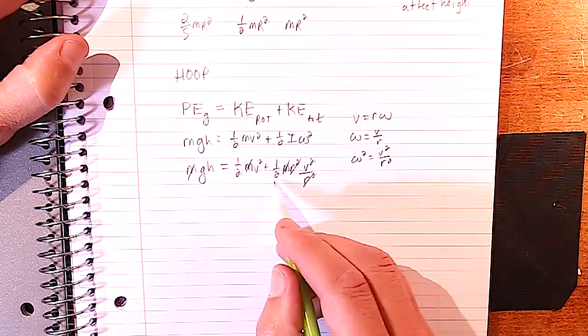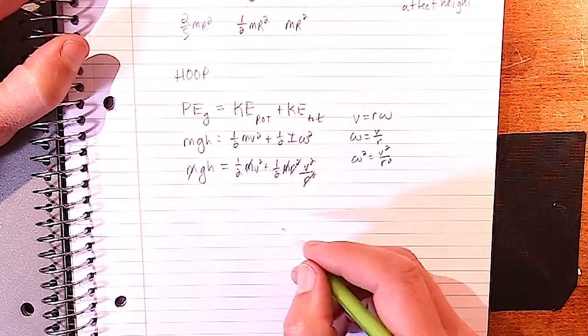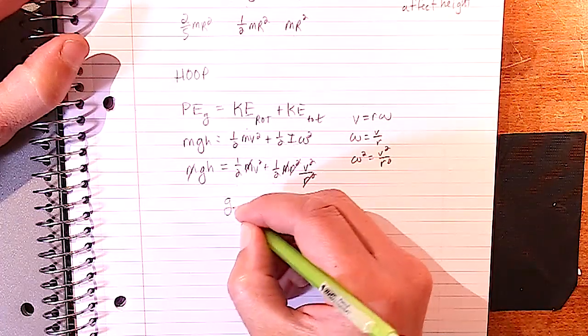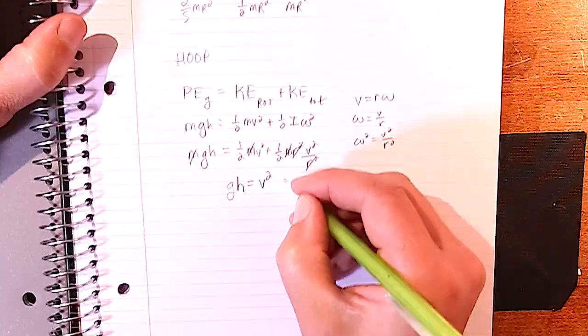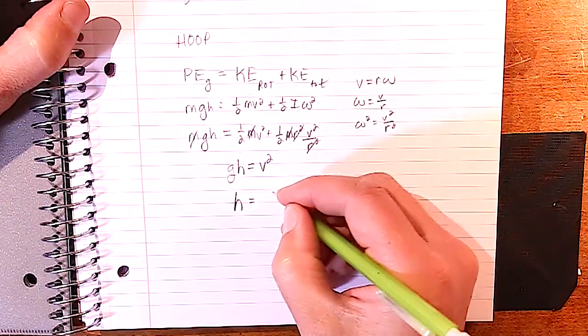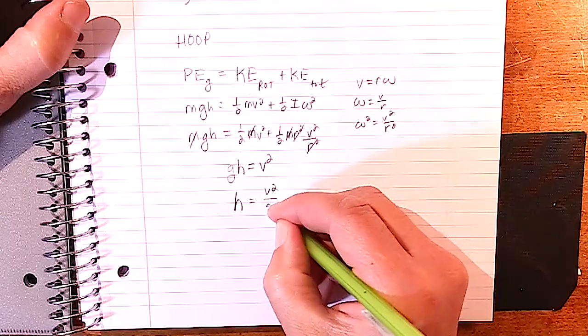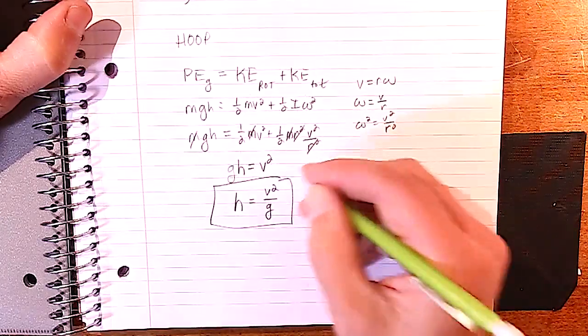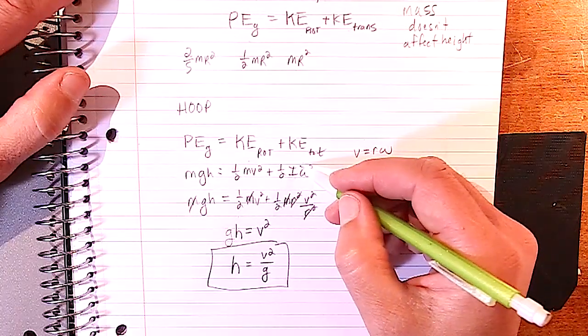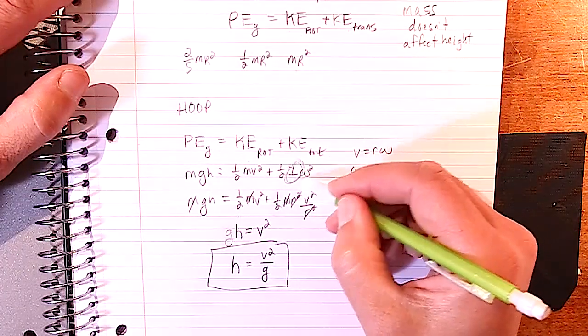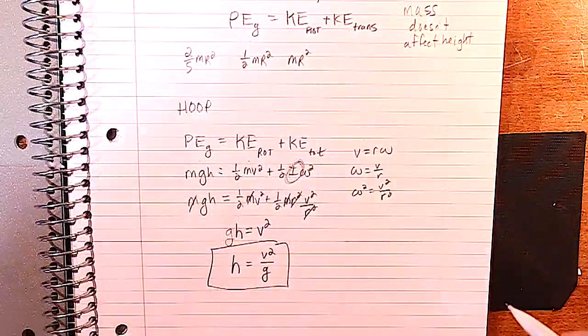And we have 1/2 v squared plus 1/2 v squared. So gh is equal to v squared. Or we can say h is equal to v squared over g. Now, had we done that for a different object, like a solid sphere, all we would do differently is put in the different value for I.